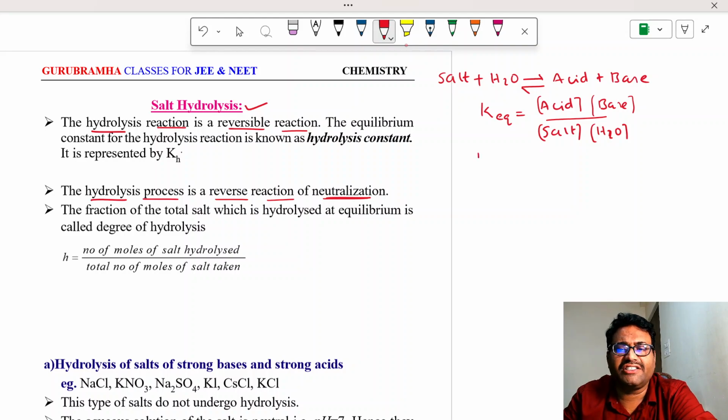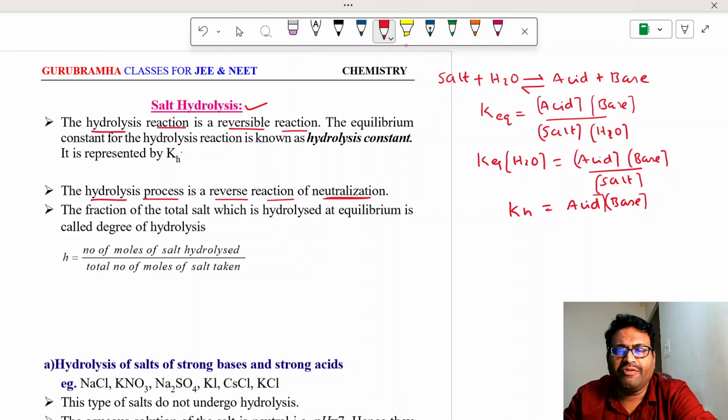So I can write K equilibrium into concentration of water is equal to acid concentration into base concentration by salt concentration, right? K equilibrium into concentration of water is written as KH. So what is this KH? Acid concentration into base concentration by salt concentration.